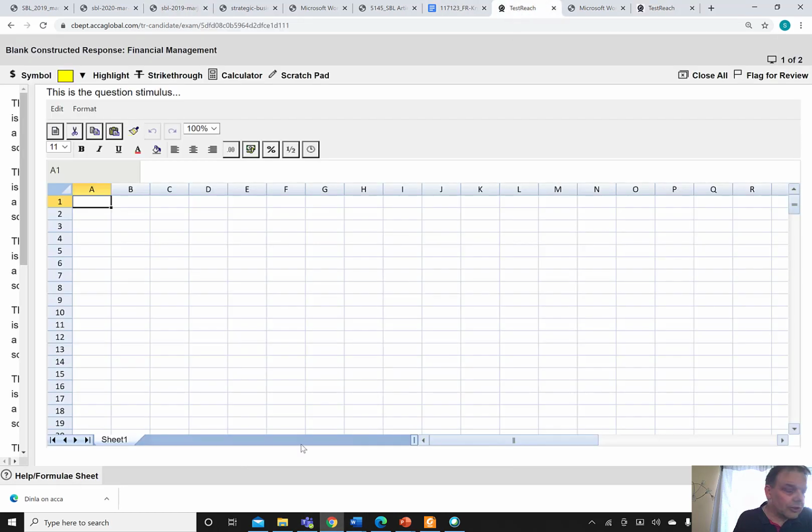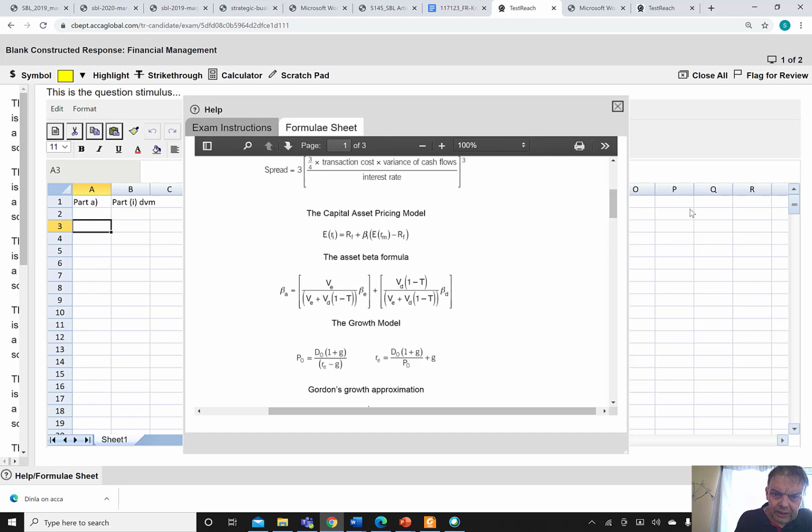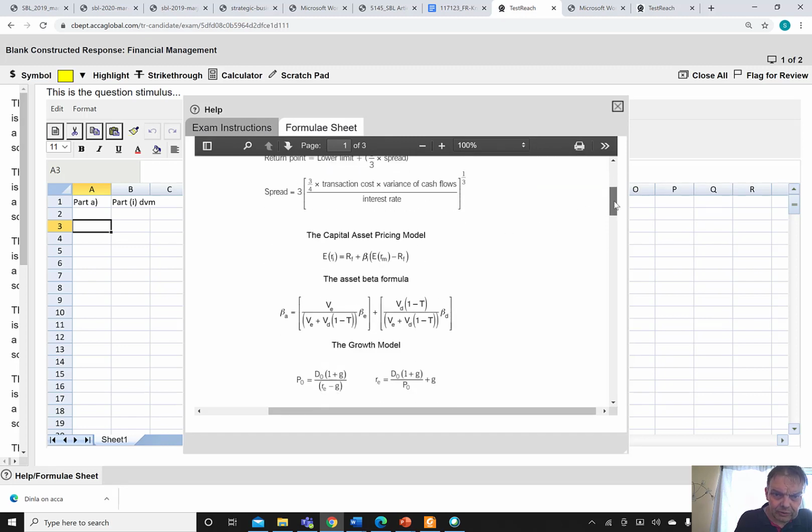Right, so if I move along now to my part A, and here we're dealing with the dividend valuation approach. So we've got part 1, dividend valuation model. What do we need for this? Well, we need to be able to remember what the formula is. We can get it from the formula sheet, and on here you can see the dividend valuation model is shown.